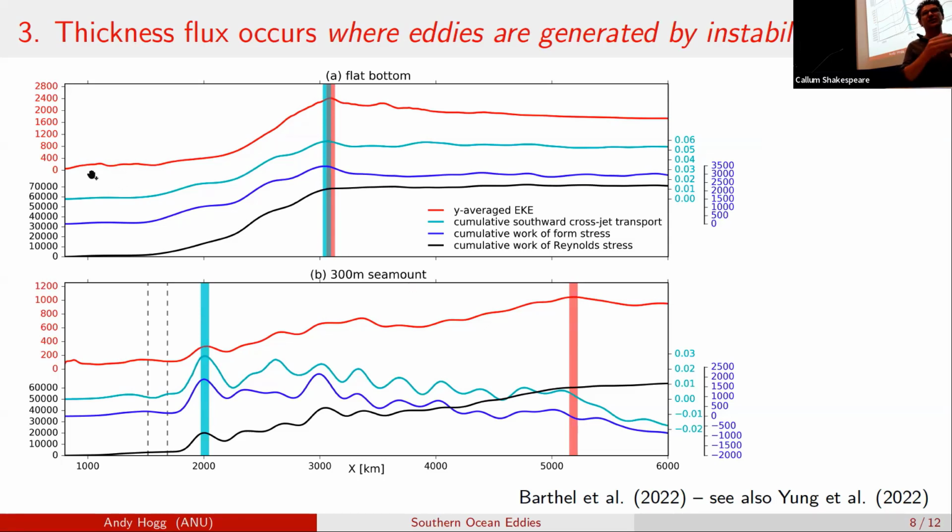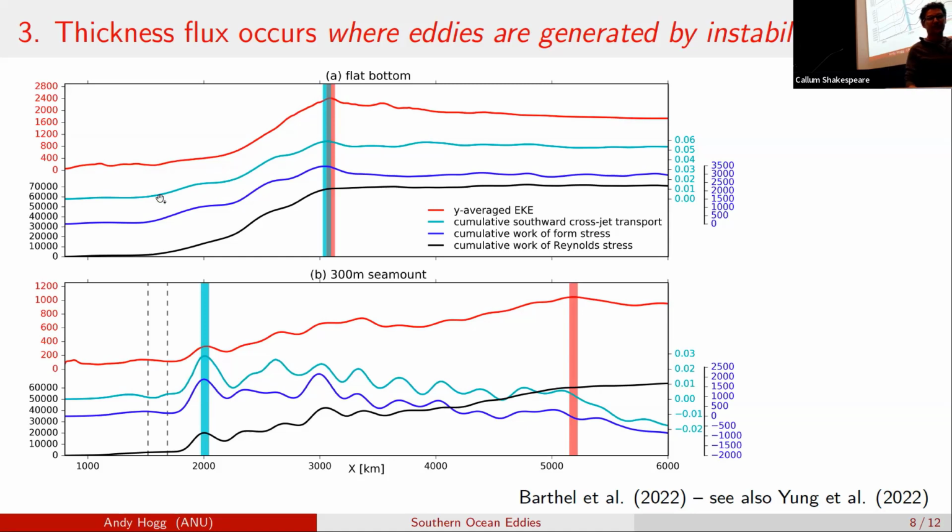What I want to show you is we start out with a jet which is stable, and that jet goes unstable and it creates eddy kinetic energy, and this red line shows the eddy kinetic energy as you go along the domain, okay? And this cyan line here shows the cumulative southward transport.